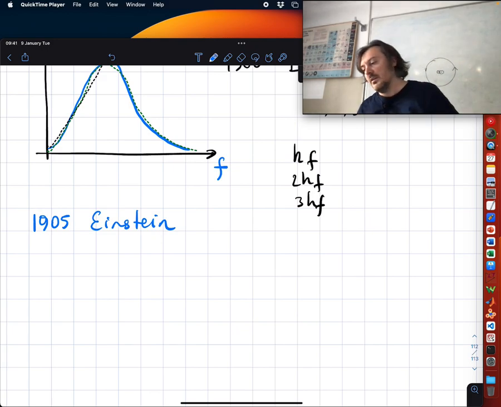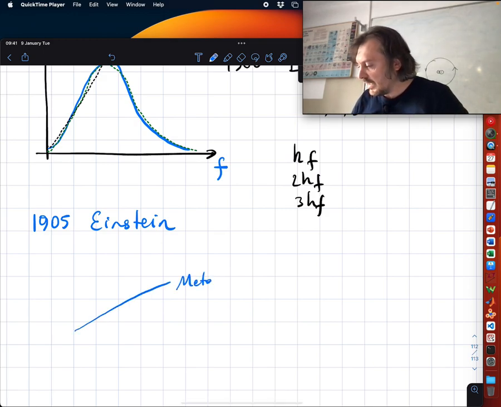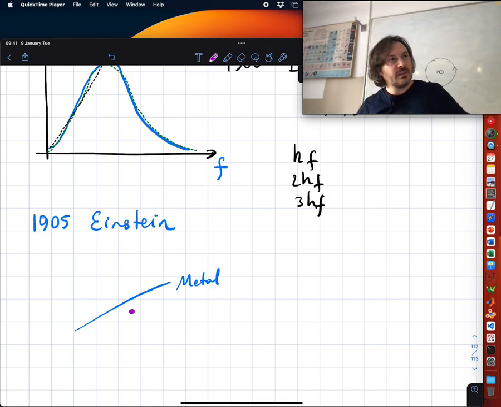So, what would we expect? Let's say you have a metal. Metal has electrons, and you want to kick out some of the electrons. You need some energy, and you supply that energy with light.